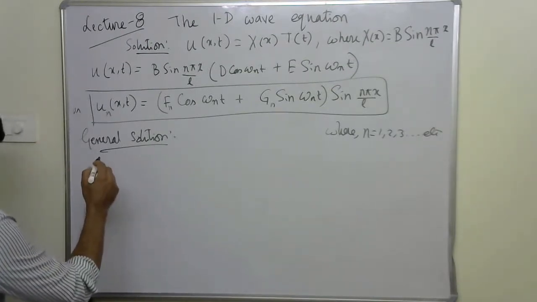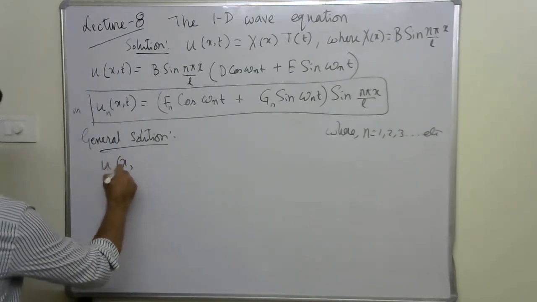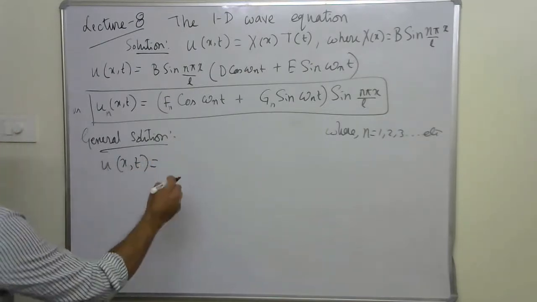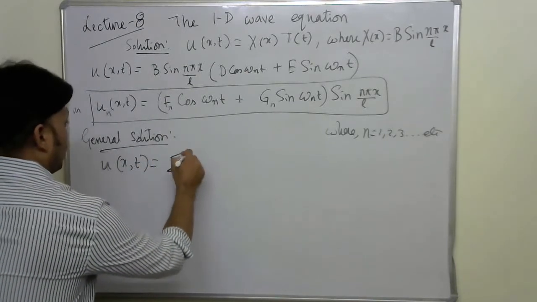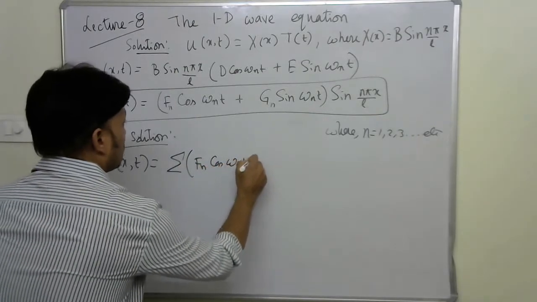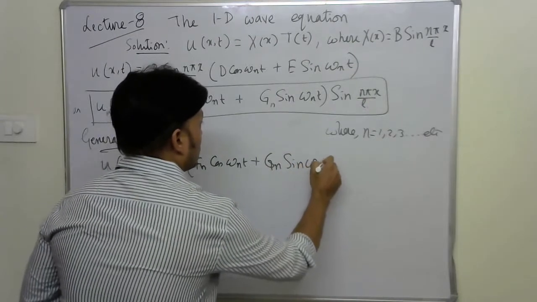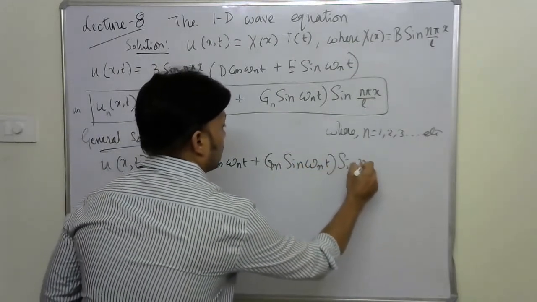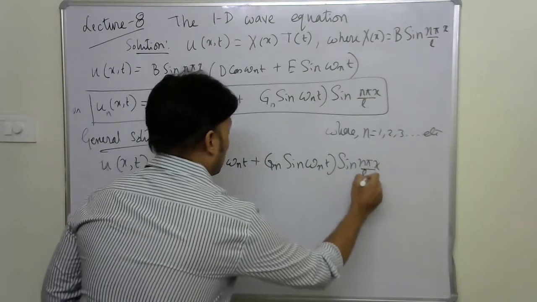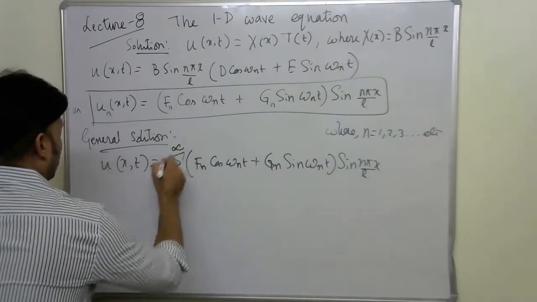So the general solution can now be written as u(x,t) is equal to the summation of this whole part, so once again I write the summation from n is equal to 1 to infinity.